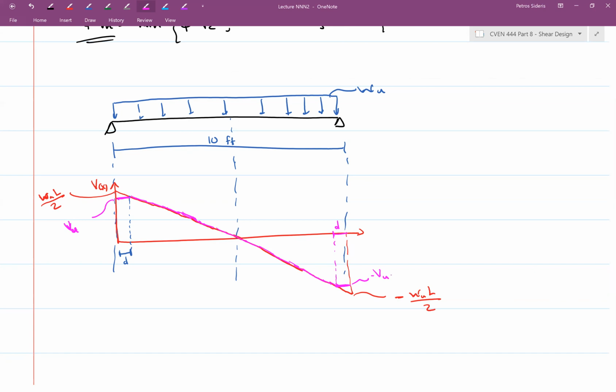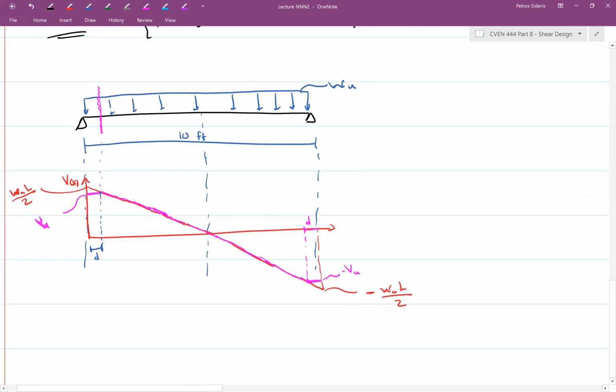I think the easiest way is to take a free body diagram by making a section exactly here. So building on your statics, you now have a beam. If I go on that side, you have your reaction here that is WU L over 2. You have some distributed load, that would be your WU. And you have here your forces.